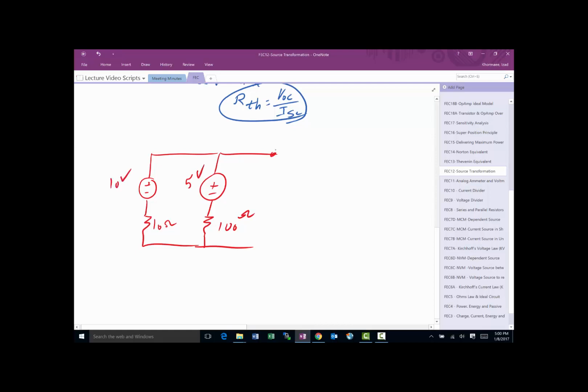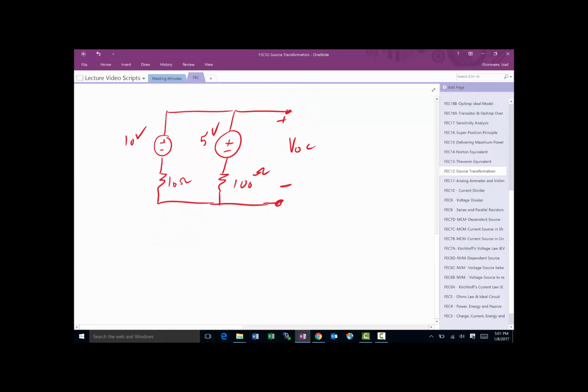And they'll ask you to analyze this circuit and tell me, I don't know, what's the V open circuit here? Well, I could do an analysis on it with KCL, KVL, all of that stuff, but it might be easier if I just use the source transformation. This is A, this is B for this one.